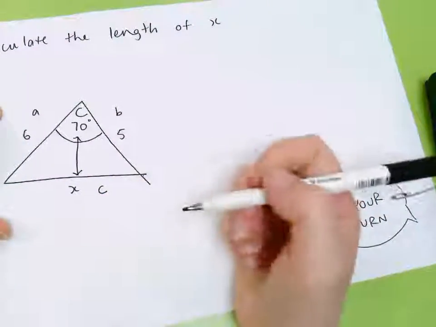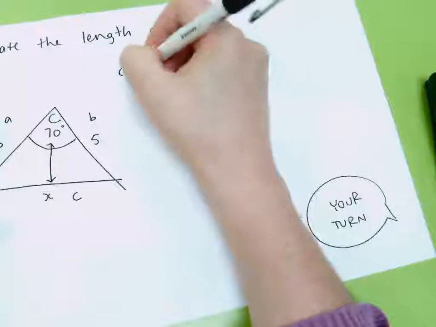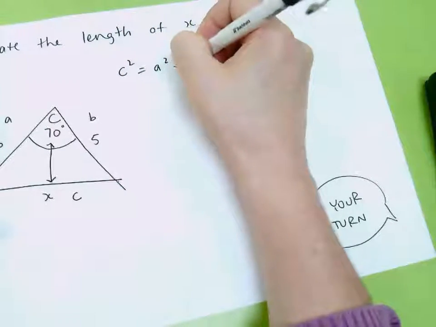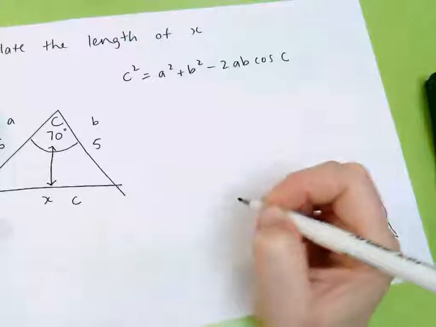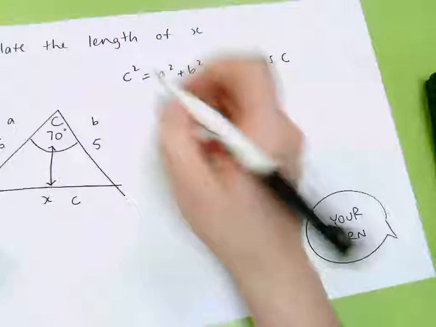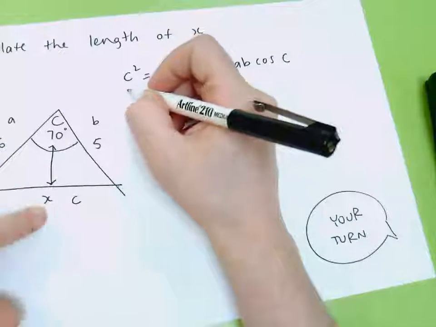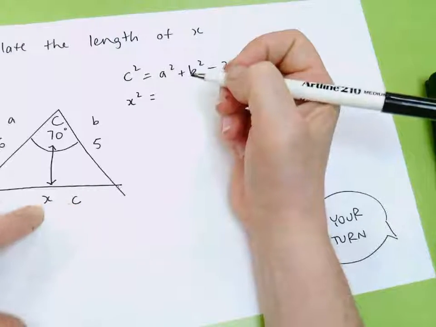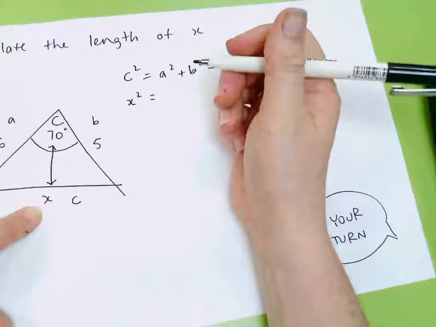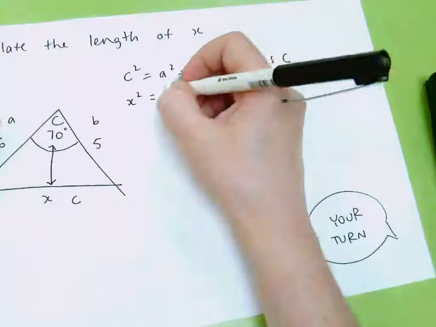I'm working out a side here, so I'm going to use the form of the equation that looks like this. And then I'm going to plug in the bits and pieces that I have.